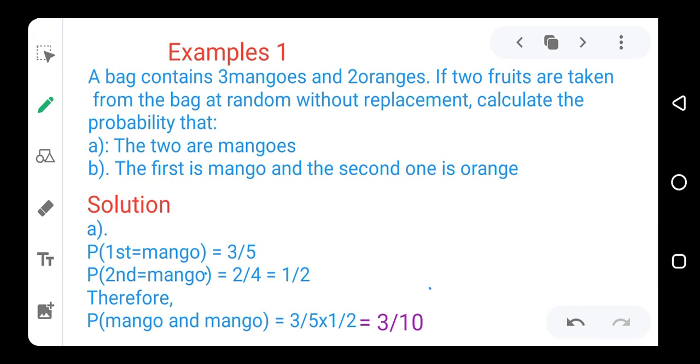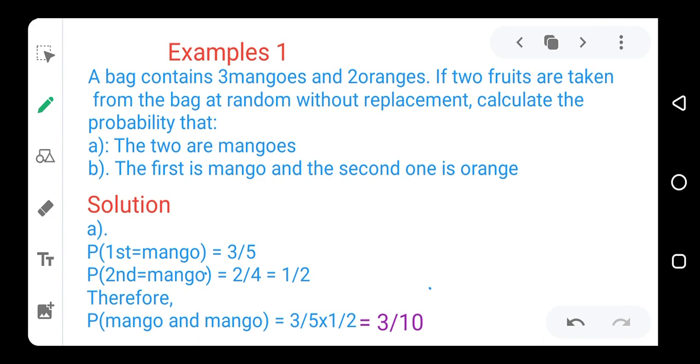Now let's look at some examples. In this example 1, a bag contains 3 mangoes and 2 oranges. If 2 fruits are taken from the bag at random without replacement, calculate the probability that the 2 fruits are mangoes.